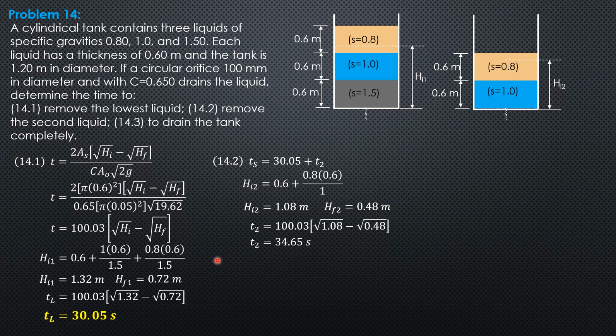So therefore, the time to remove the second liquid will take 30.05 plus 34.65. So it is 64.7 seconds. And finally, the time to drain the tank completely, we'll call that T. It is equal to 64.7 plus T3.